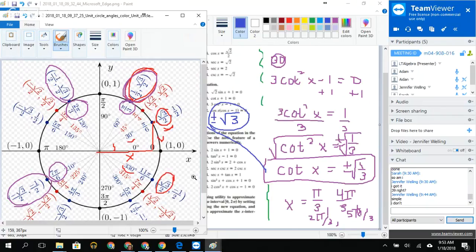And oh, we have multiple values, don't we? I missed right here. Yeah, this value will work too, and this value will work too, right? So we have multiple values that will make our tangent work.